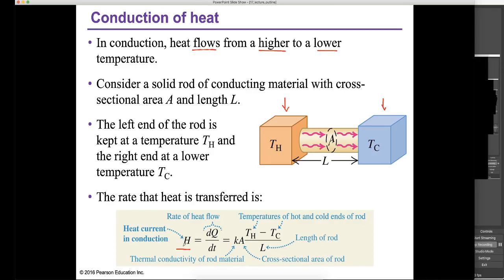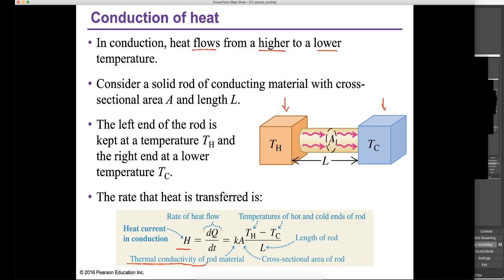So from here, we can see the rate of heat flow depends on several factors. If we want to keep the rate of heat flow at a big value, perhaps first we want a material with high thermal conductivity.